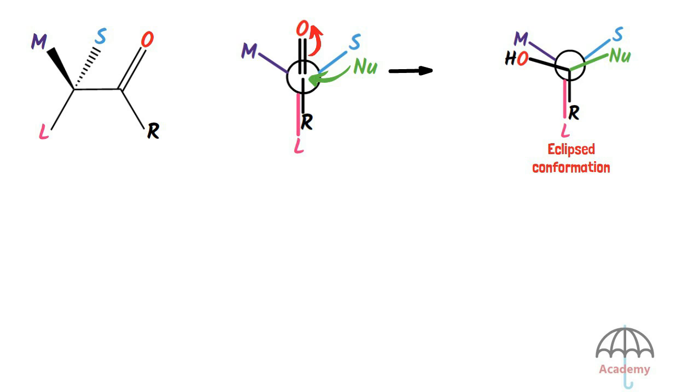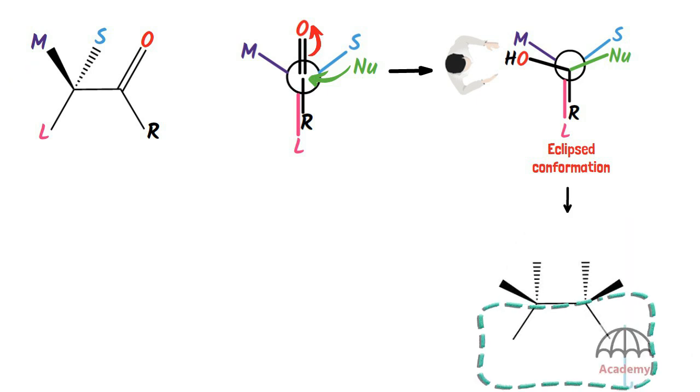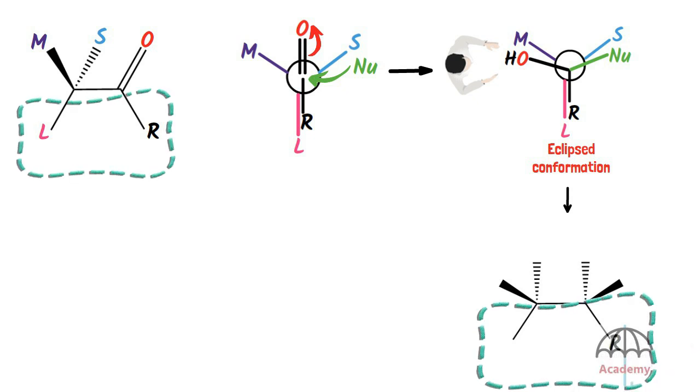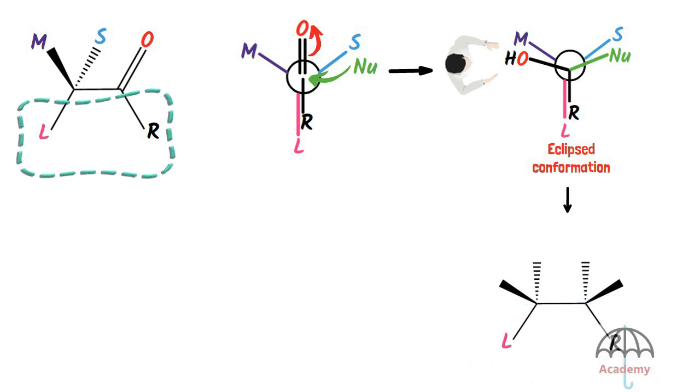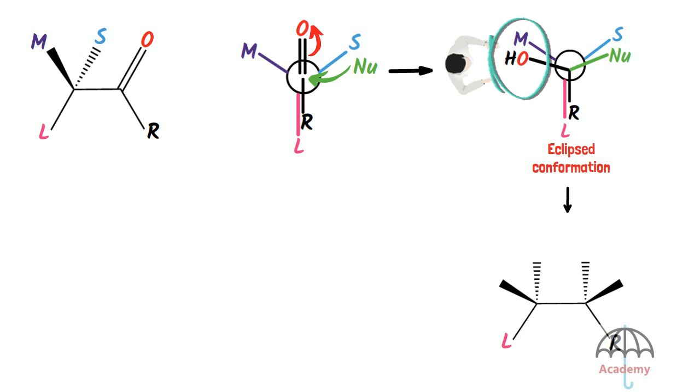For that, the observer is positioned on the side of the medium group because the medium group is on the wedge in the reactant molecule. We write the R and L, just like they are in the reactant molecule. The medium and hydroxyl group are on the side of the observer, therefore we write these on the wedges. The small group and nucleophile are away from the observer, so we write these on dashes.